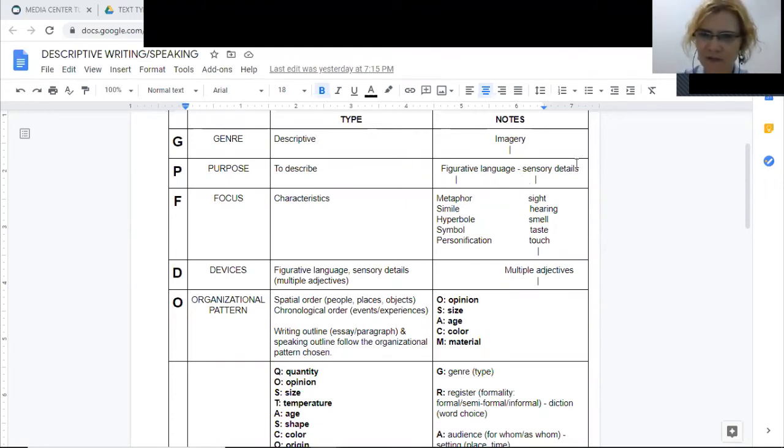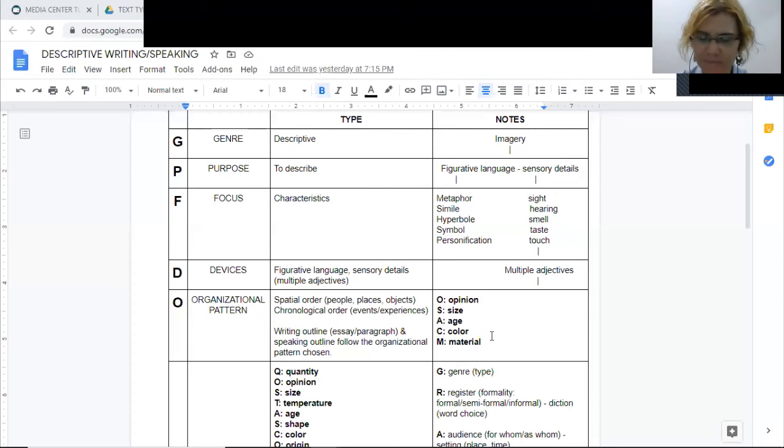Another way to build imagery is the usage of sensory details. Sensory details, as the word says, appeal to your senses: your sight, your hearing, your smell, your taste, your touch. Now, how do we create this? We use multiple adjectives.